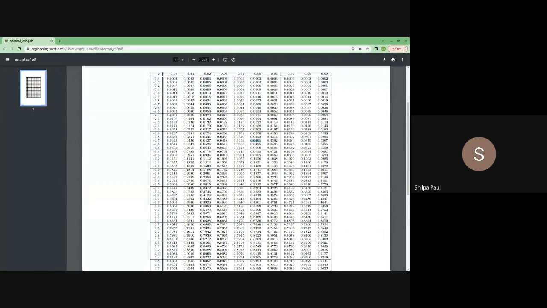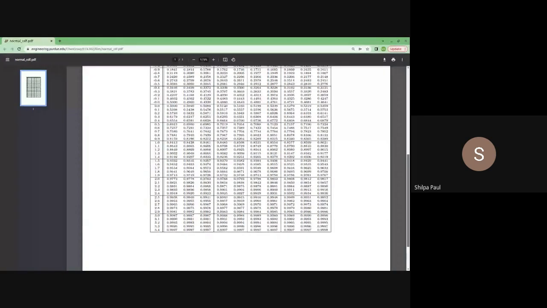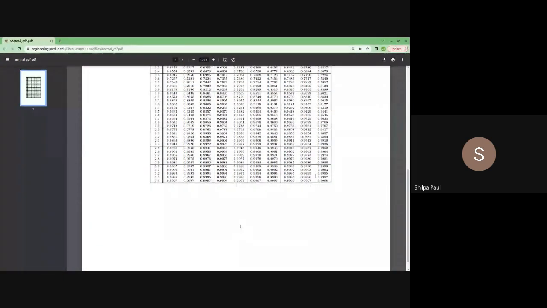Sir, if you look at the positive side of this table, anything above 3.9 is very close to 1. So we can take anything above 4 or 3.9 as approximately 1. 3.5 above will also be approximated to 1. Yeah, that is what you have to understand.